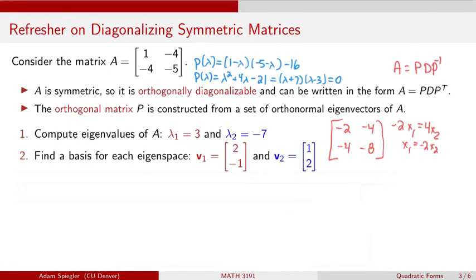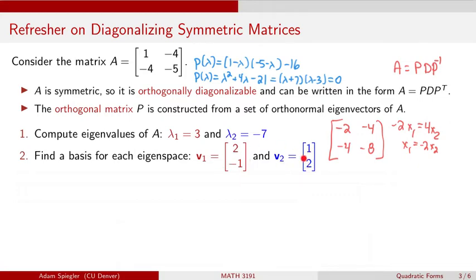Taking the top row, we get -2x1 = 4x2, in other words x1 = -2x2. Setting, for example, x2 = -1 gives x1 = 2. Similarly, with the eigenvalue lambda 2 = -7, we can find an eigenvector, which is (1, 2).